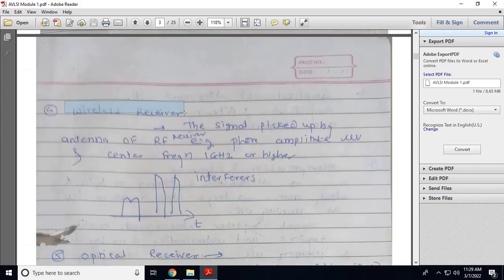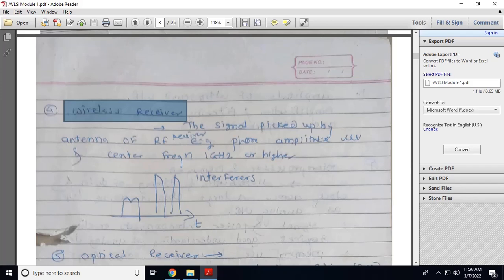Next area for analog design is the wireless receiver. The signal is picked up by the antenna of an RF receiver, for example a mobile phone. The amplitude of that signal is very low, in microvolts, and the center frequency is 1 gigahertz.